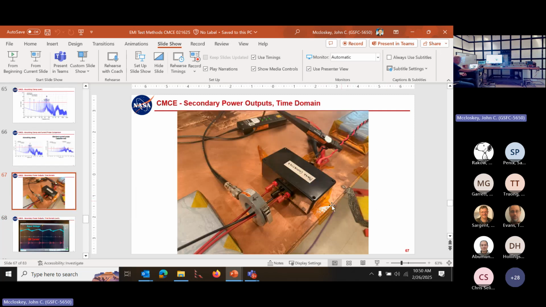The last thing I'm going to talk about here is we'll move to making some common mode measurements on the secondary power outputs, because with differential mode, that's limited to the primary power feed to any given unit, kind of by definition, right? The concern is ripple that can be applied to the common source impedance that everyone will see.